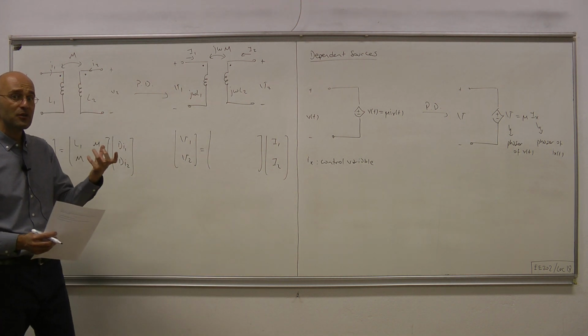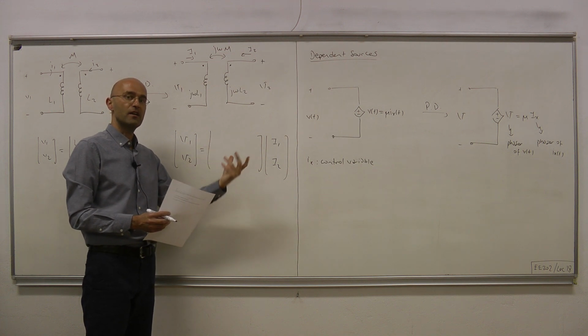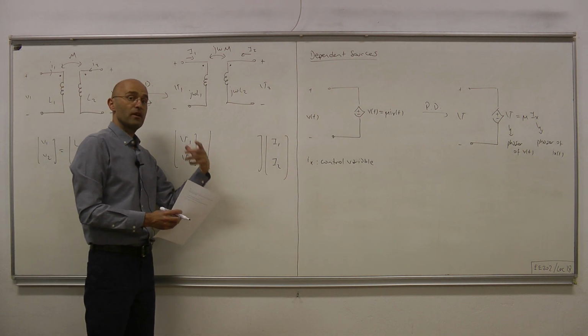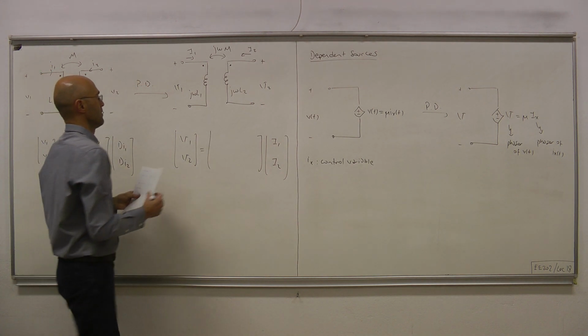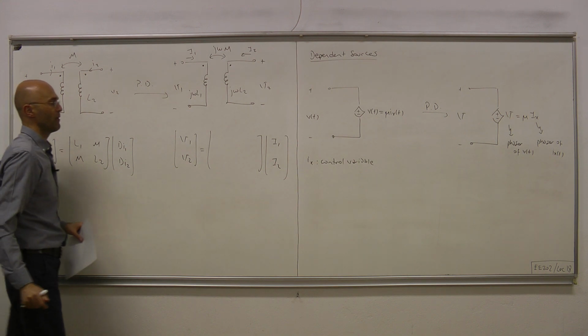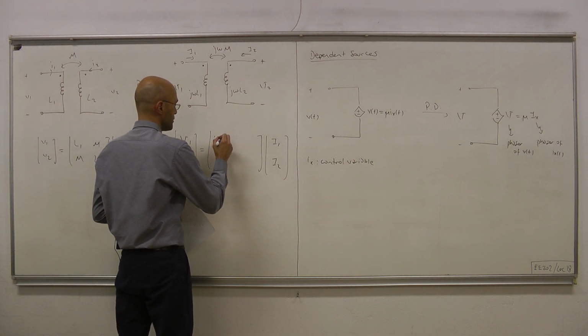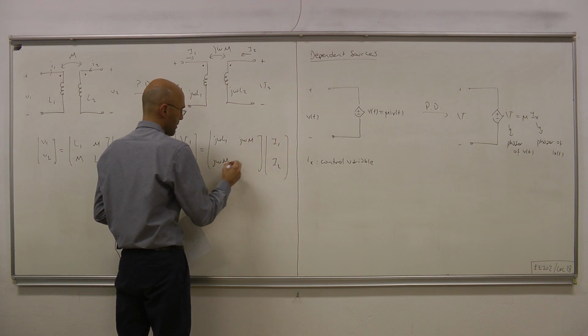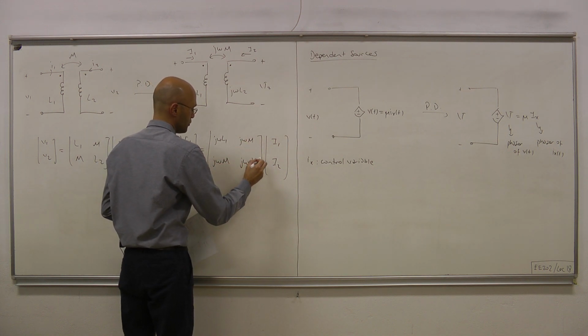And now what are the entries of this constant matrix, or the impedance matrix? Well, all you have to do is multiply this matrix by j omega, so we have j omega L1, j omega M, j omega M, and j omega L2.